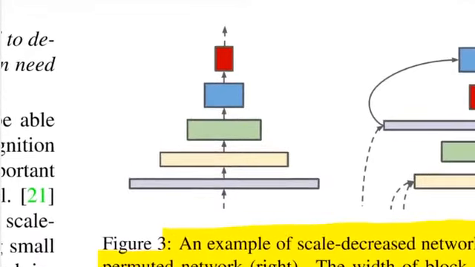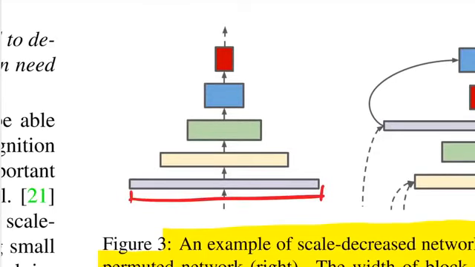Okay, so on the left you have the typical architecture. You see that the width, so this is the resolution, is very high, and as you go through the layers, that resolution gets smaller and smaller and smaller. But the number of features indicated by the height gets higher and higher as you go through. This is your typical architecture.